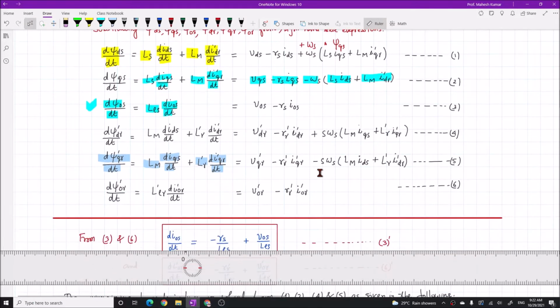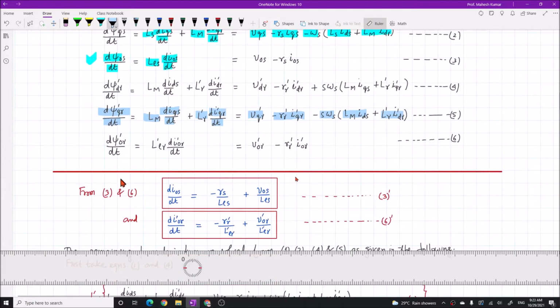Then on the right hand side we have vqr dash minus Rr dash iqr dash minus s omega s times (Lm ids plus Lr dash idr dash), which is psi dr dash.